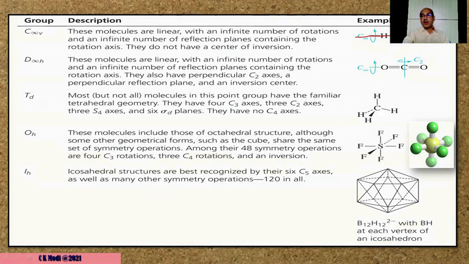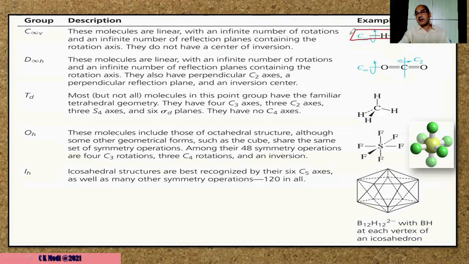So when we talk about a linear molecule, it always has an infinite axis. So this is the C infinite. Simultaneously, which other symmetry elements are present? Now, the second one is the mirror plane.